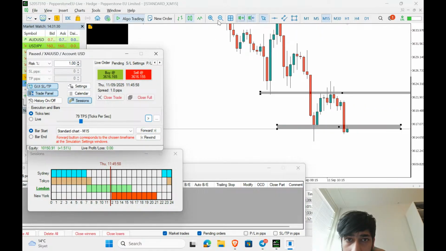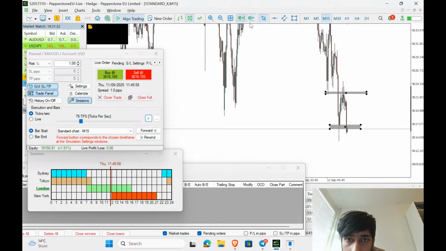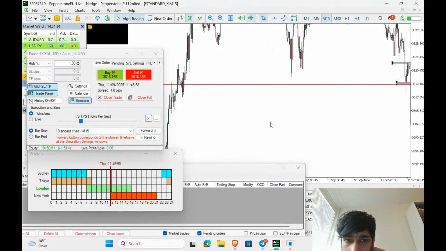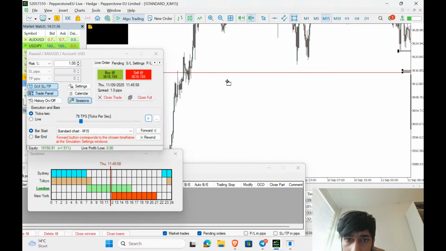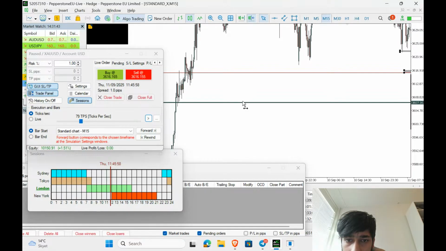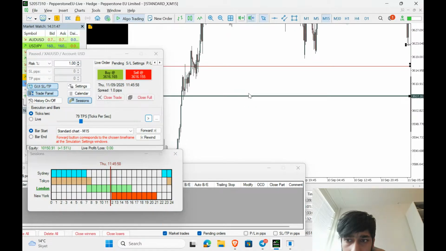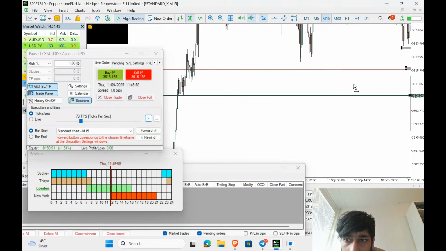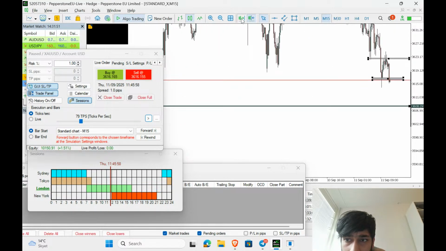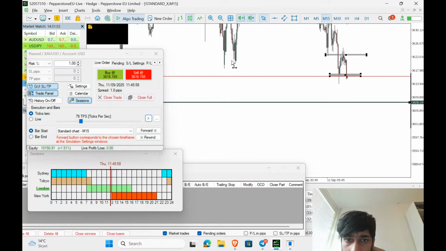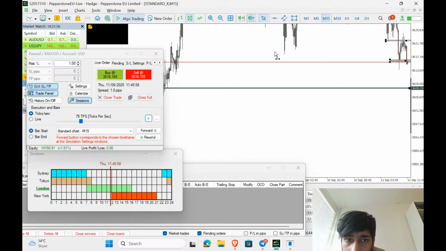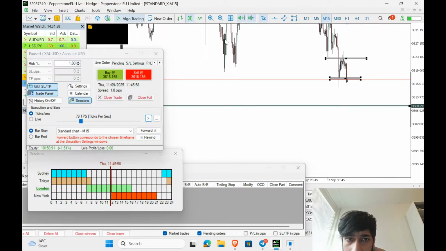But now, as it closed bearish, let's see what the range is over here. Nothing. Only a clean range below here. Other than that, it's just consolidating.